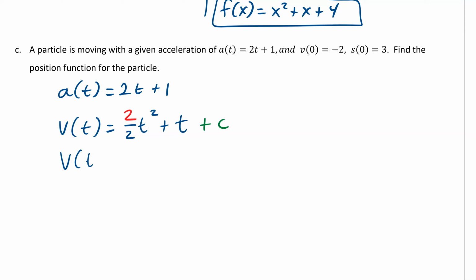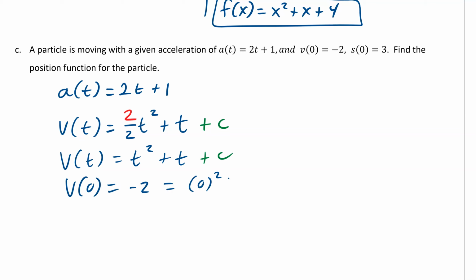And since we know the initial velocity, we can find our constant. So our initial velocity was -2. And so if we plug in 0, because that's our t value, it will give us c. So you can see that c is equal to -2.